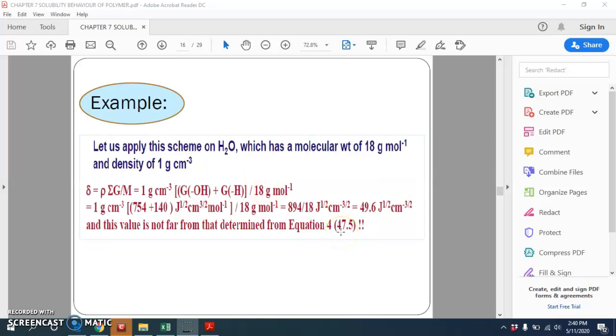Okay, bahagi dengan 18. So dapatlah dia punya value dia 49.6.